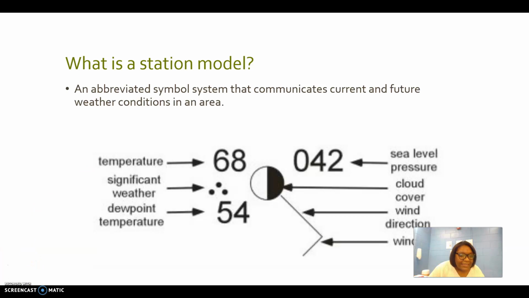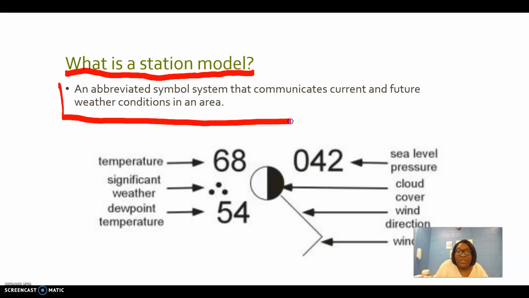It's important for us to know that a station model is an abbreviated system that meteorologists, or weather scientists, use to communicate current and future weather conditions. Anything Miss Neville underlines or puts in a block, you'll need to write down.